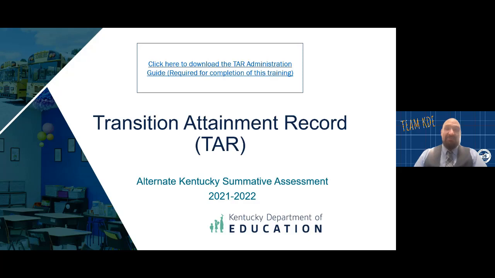Sometime this fall or winter, we will convene a group to set new benchmarks on the new TAR, which will apply to any student that was a sophomore in 2021 or later. Once those benchmarks are established, they will be communicated to the field through the DAC emails, alternate emails, and likely DAC webcasts and other mediums we use to disseminate information.